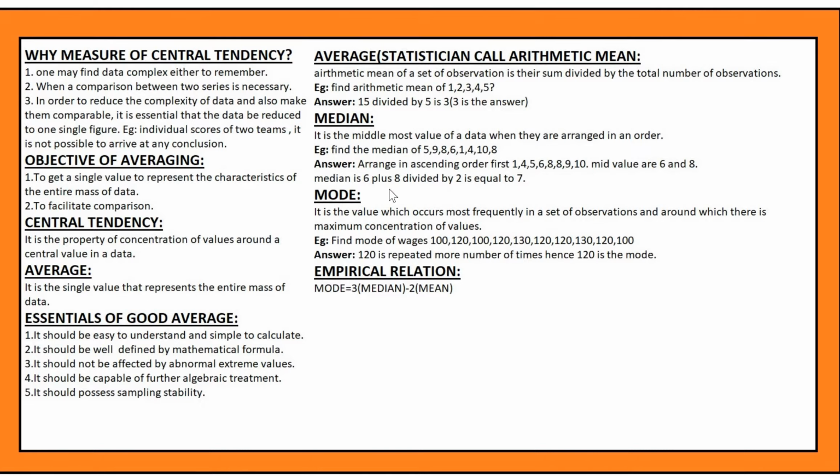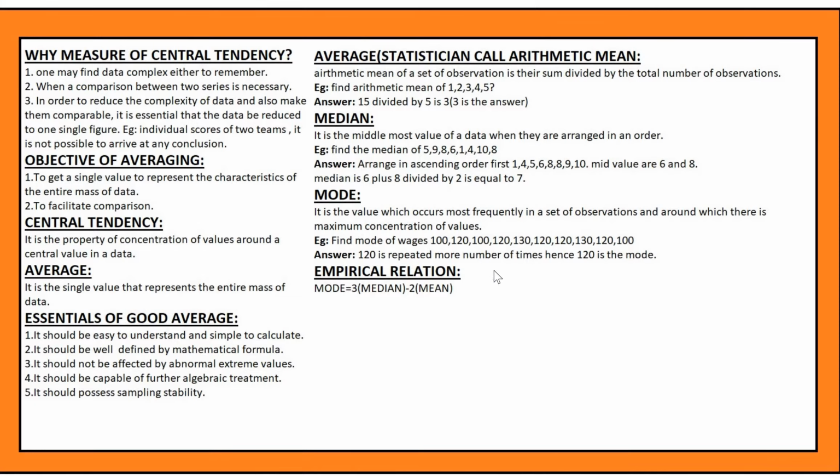Mode. It is the value which occurs most frequently in a set of observations and around which there is maximum concentration of values. Again, there are a few observations which are not arranged in order. It's okay in this case. See, now we have 100, 120, 100, 120, so many values. Here, to find a mode, you see which is repeated more number of times.